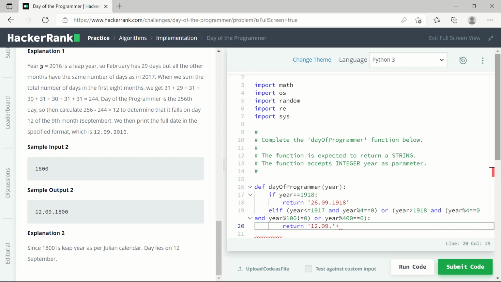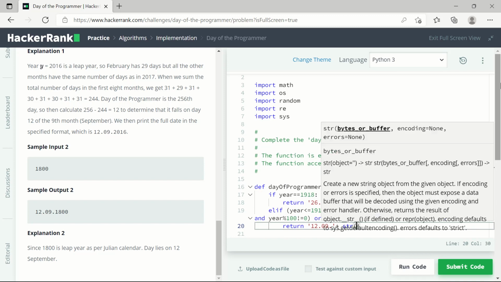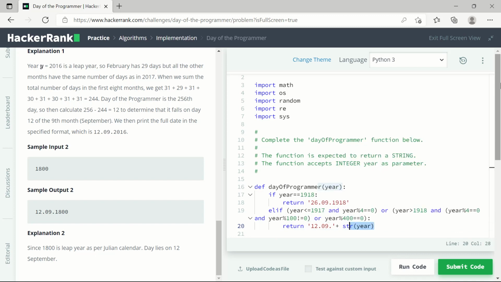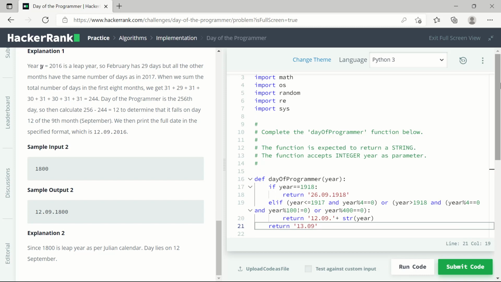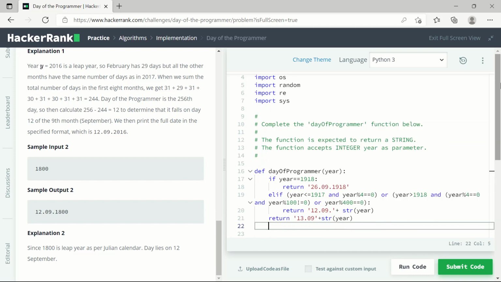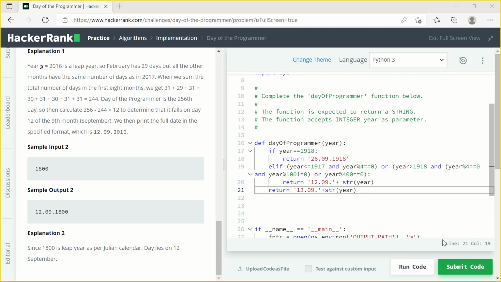Now whatever value of the year is entered, I am going to convert it to str, that means string type value. Whatever value goes from here will be concatenated with 12.09. and then the year will follow. There is no need to write any condition for 13th of September because this will be valid for all the non-leap years. Let's run the code.